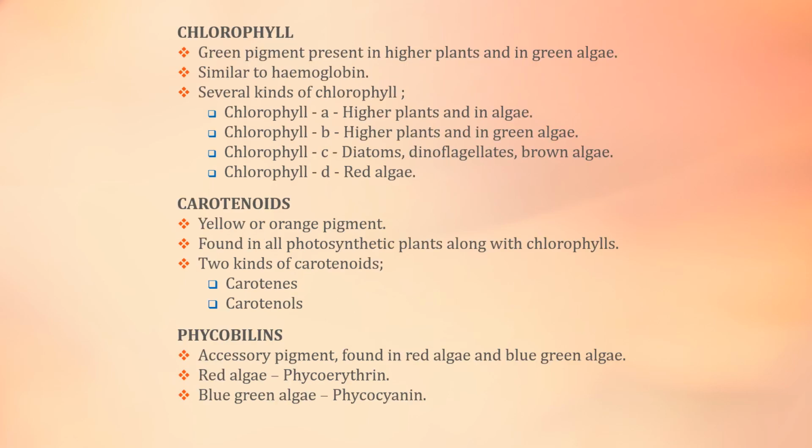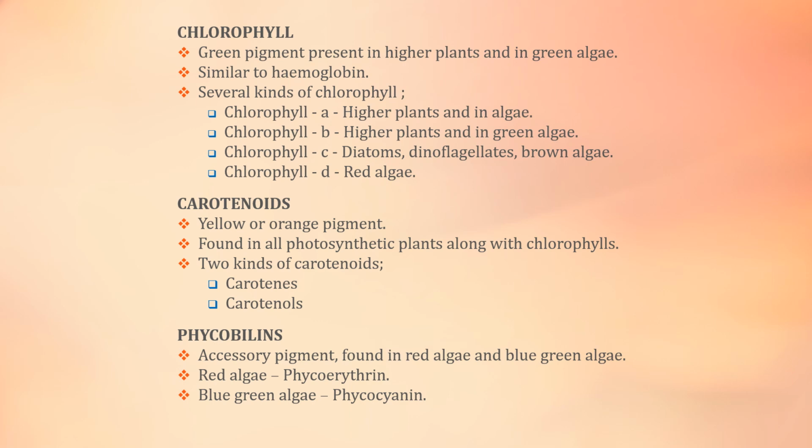Chlorophyll. Chlorophyll is a green pigment present in higher plants and green algae. Structurally, it is similar to hemoglobin. In the place of iron, it contains magnesium in the porphyrin ring.